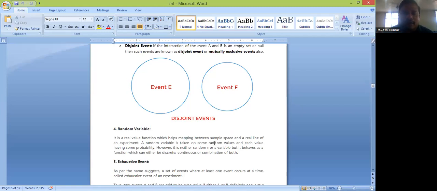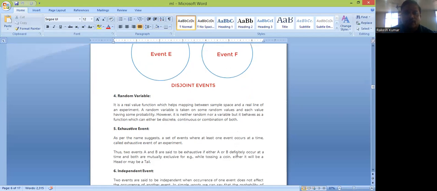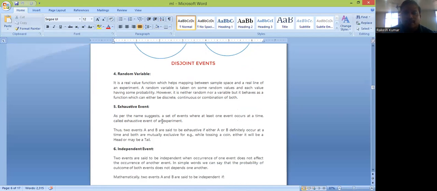Okay. So here, the exhaustive event, as the name suggests, is an event where at least one event occurs at a time, called an exhaustive event of an experiment. Two events A and B are said to be exhaustive if either A or B definitely occurs at a time and both are mutually exclusive. Example: while tossing a coin, it may be either a head or a tail.